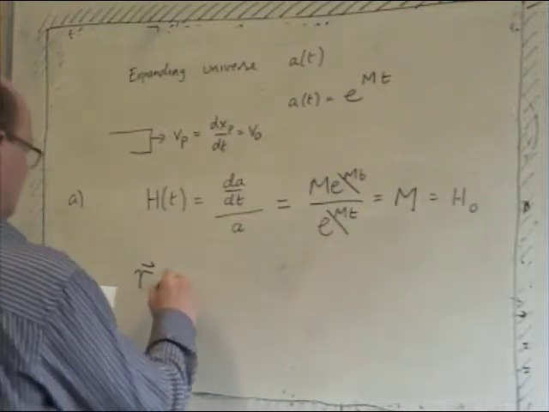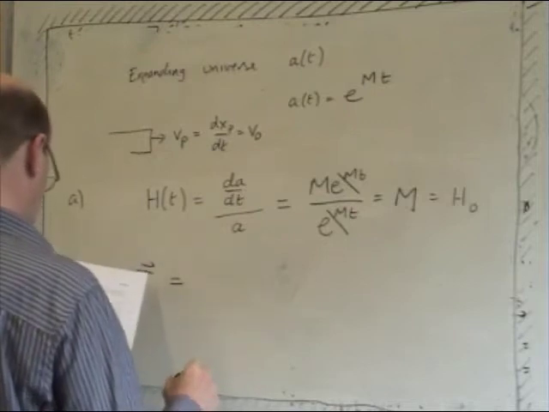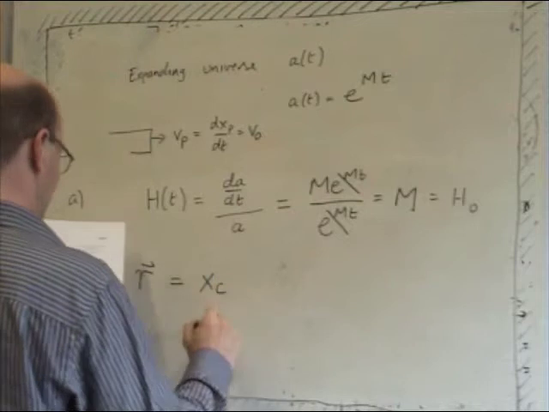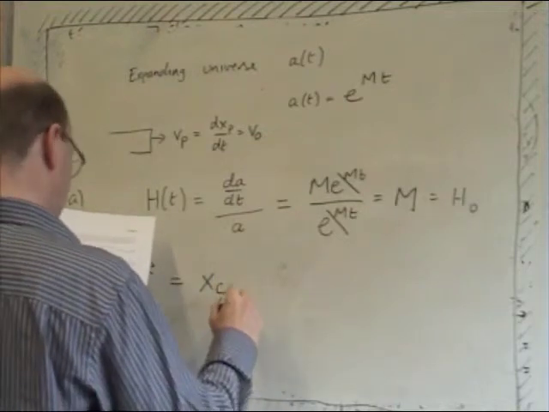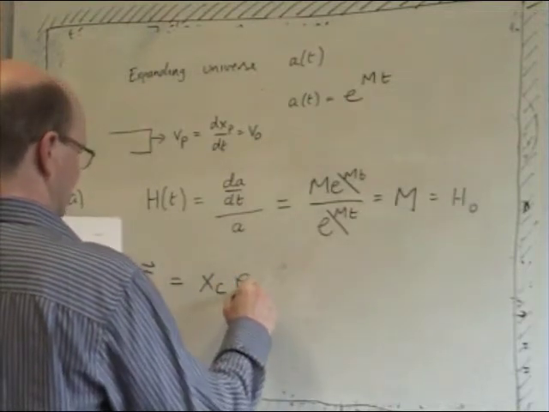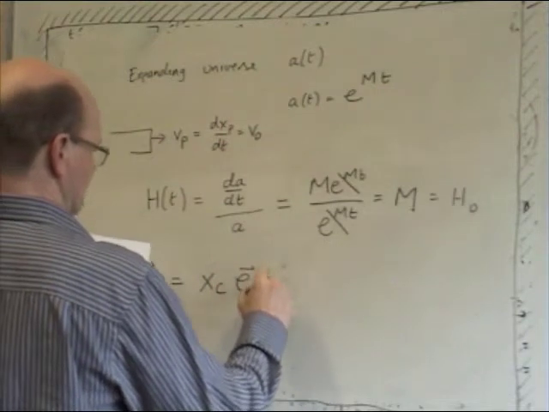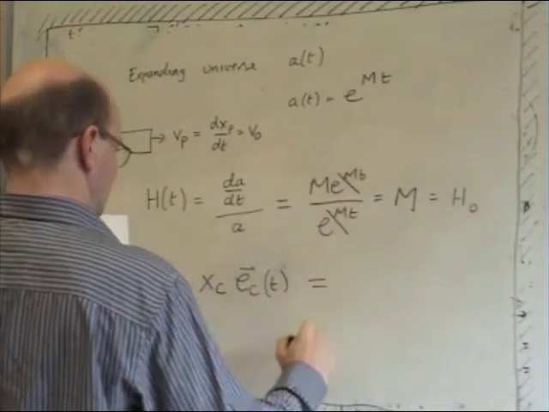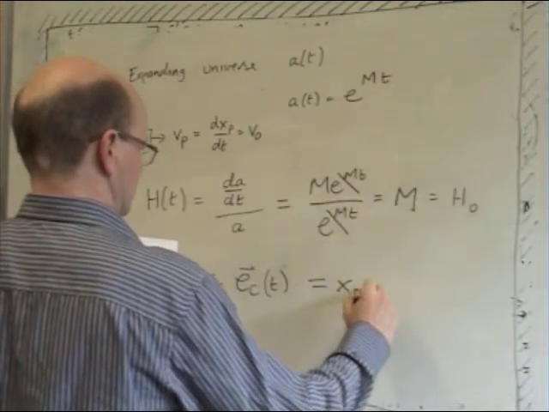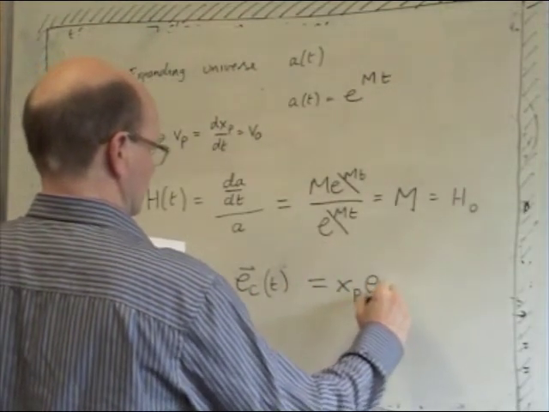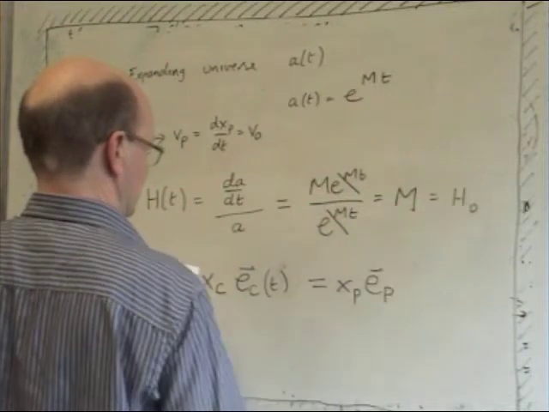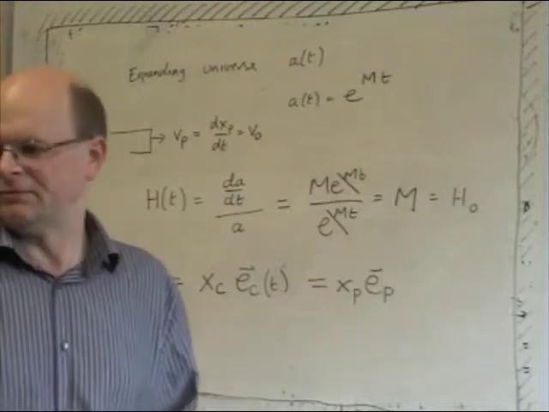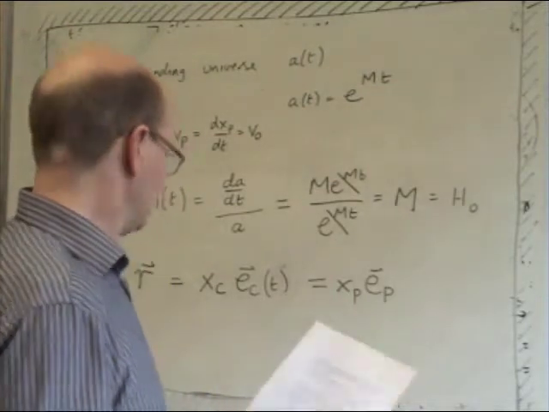So r can be expressed as either a co-moving distance, which I call xc, times a co-moving basis vector ec of t, or it can be expressed as the proper distance times an ordinary non-expanding basis vector, which by the way isn't a function of time, it's just an ordinary basis vector. It could be a unit vector in some units.